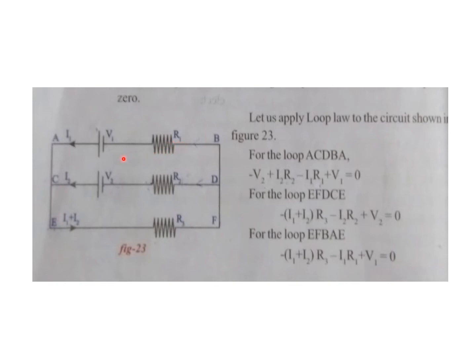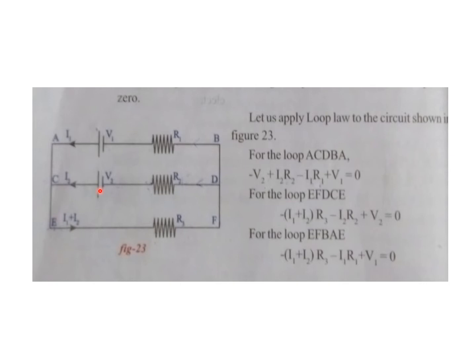As you reach this point, the voltage increases, so it is taken as positive. So for the first loop ACDBA, the voltage equation is minus V2 plus I2R2 minus I1R1 plus V1 equals 0.